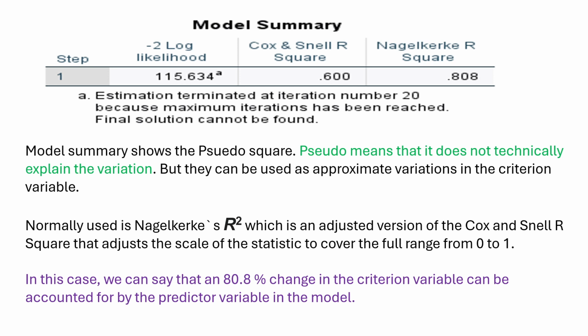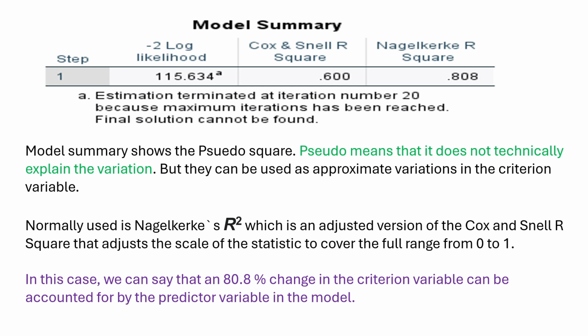When we are doing research in regression, the model summary is very, very important. We have already discussed it in two ways: one is Cox and Snell R square, the next is Nagelkerke R square. Nagelkerke R square is very, very important.